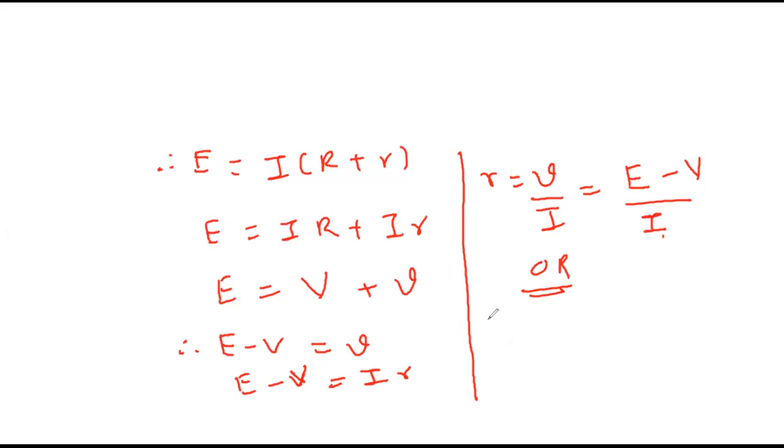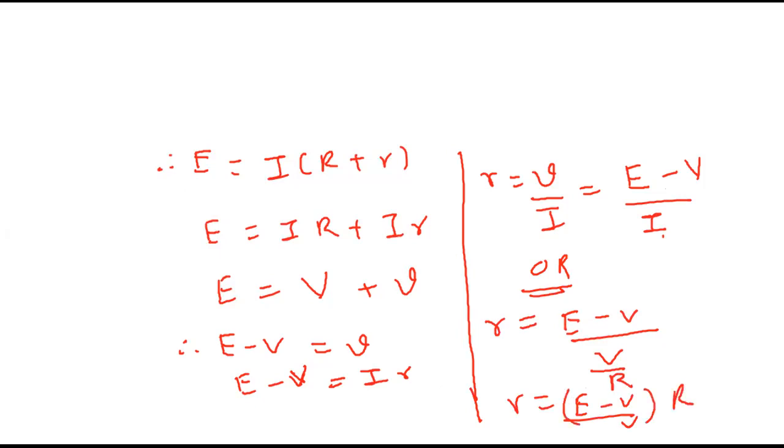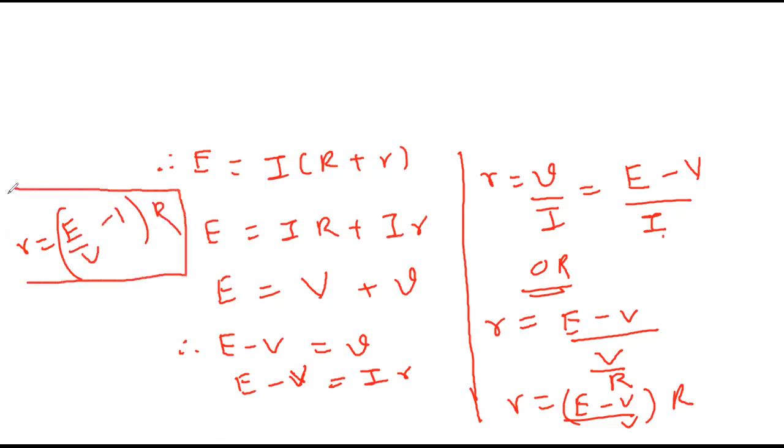So from this, if I divide, this is E minus V, and I is V upon R. So r is also E minus V upon V, into R. So we can also write this internal resistance r as E upon V minus 1, into capital R. Sometimes they can ask which one is the correct option for internal resistance.